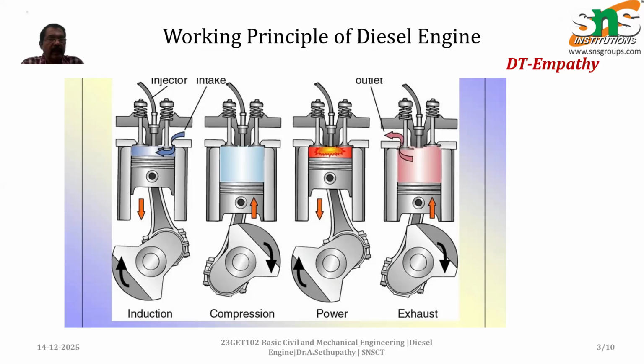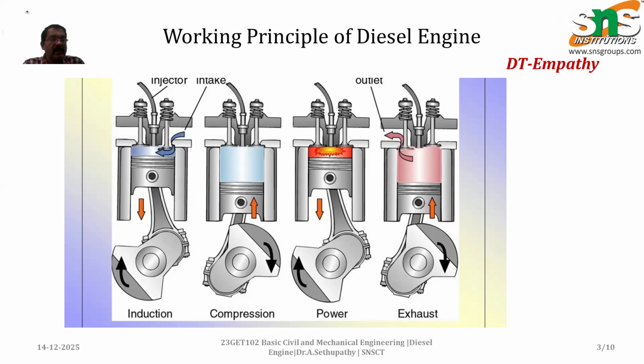Each cylinder has two valves, one inlet and another outlet, and between these two ports a fuel injector is placed. So this is how the four-stroke diesel engine works. These four cylinder positions are shown in each stroke of the four-stroke diesel engine.